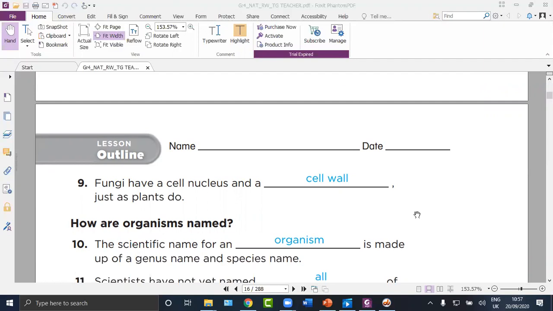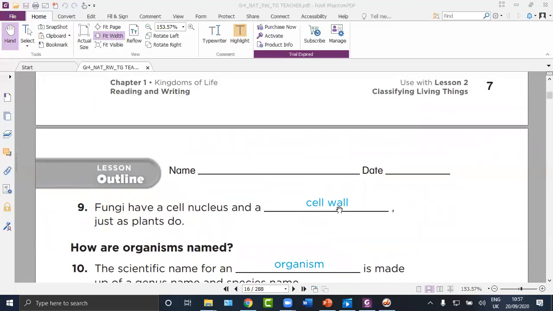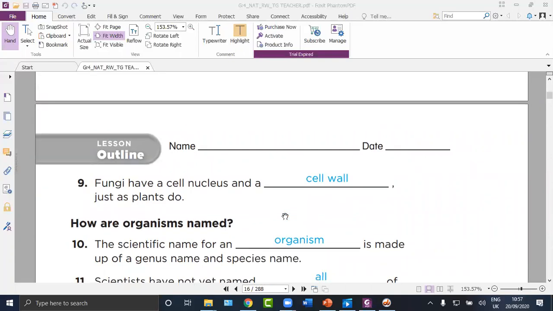Omar Abdul Hamid. Number 11. Be faster. Yes, teacher. Read number 11.